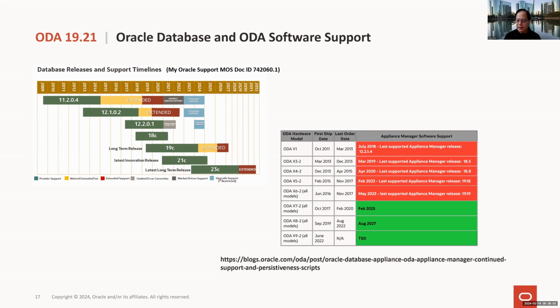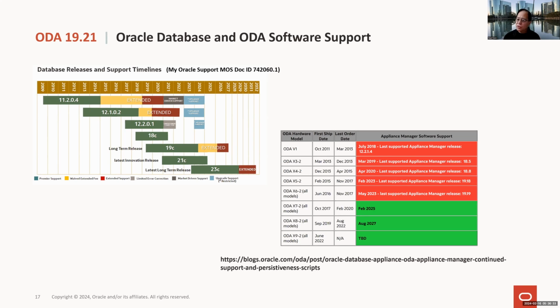And on the right-hand side, there's another reference point: all the ODA software support. Like Sam said earlier, we support the hardware indefinitely, as long as the parts are available. But on the ODA software side, we're committed to at least 8 years of support. So this is just to illustrate the different models of the database appliance and when we started support and when that software support will end.